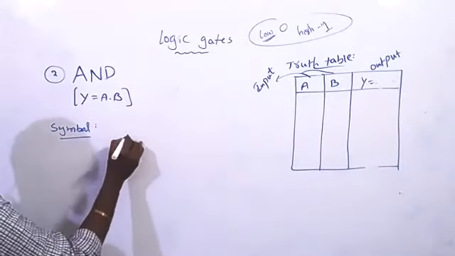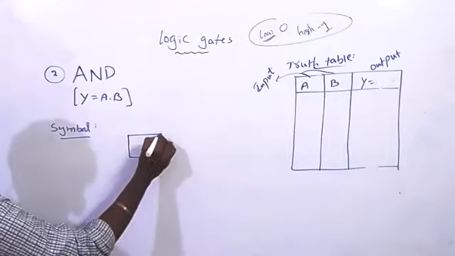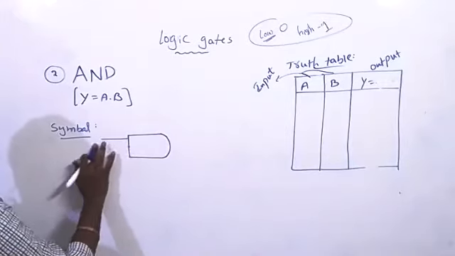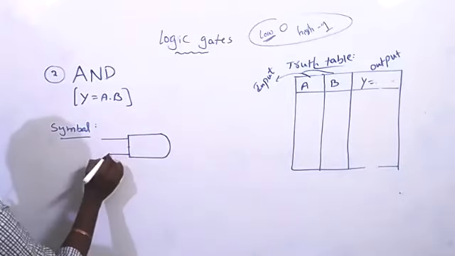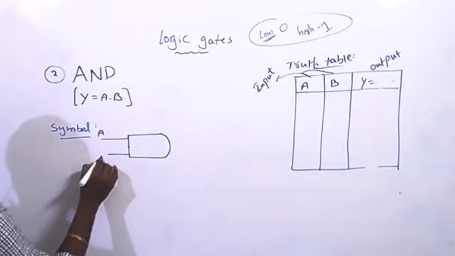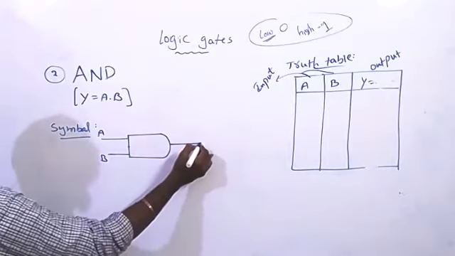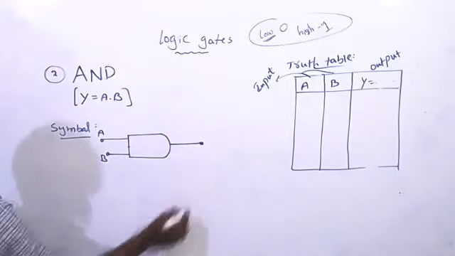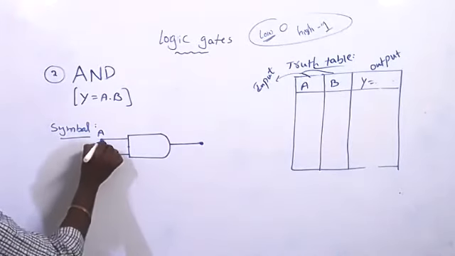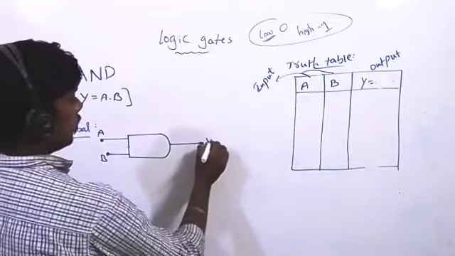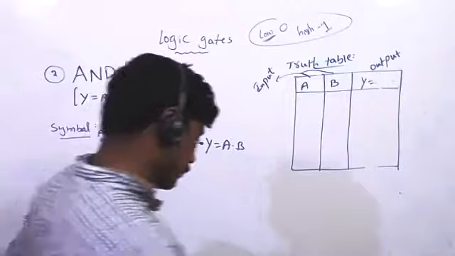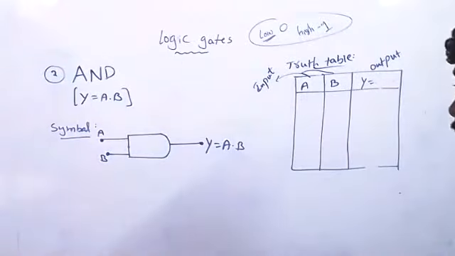So symbol. This is the symbol for AND gate. Two inputs, A and B. Output will be there. That output is Y is equal to A and B. Now look at this.